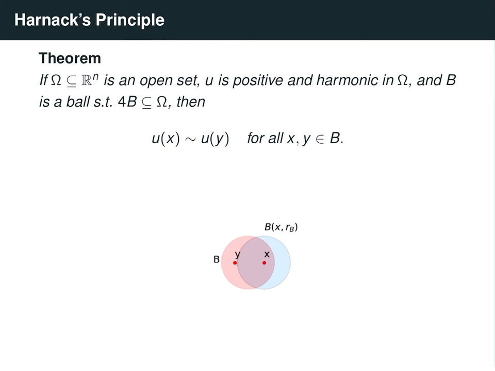Okay. Now, because x and y are both inside the ball B, that means that the ball centered at x of radius r_B will be contained in the ball centered at y of radius 3r_B. So this implies that the average of u inside this ball is at most some constant times the average inside this ball. So let's see how this works. Let's look at the average of u inside the ball centered at x of radius r_B.